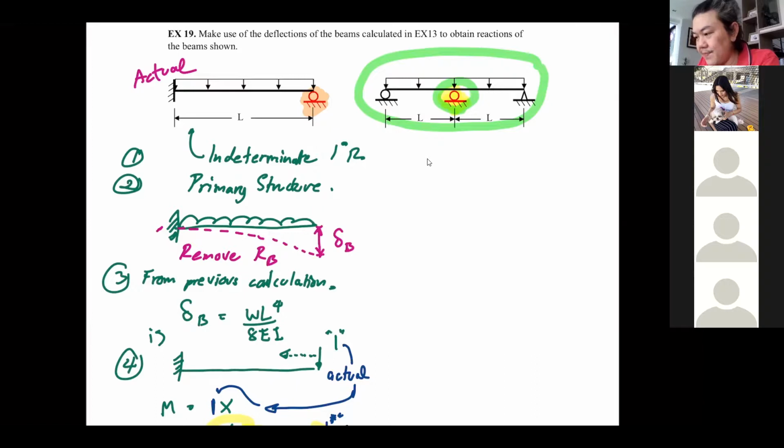But in this case, say the step number 1, you now also can determine that this is the structure with 1 degree of redundancy. And your choice for the primary structure will be to remove the reaction in the middle. So now you're going to have the structure that looks like this.